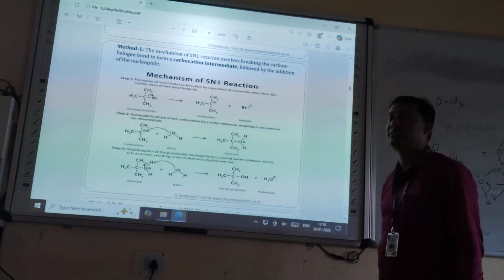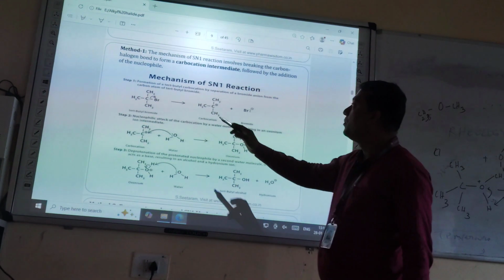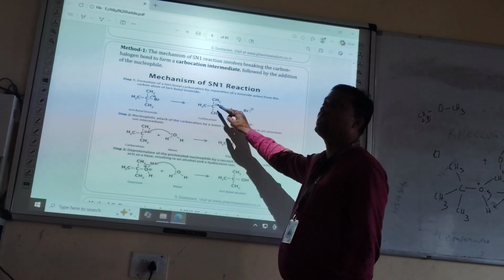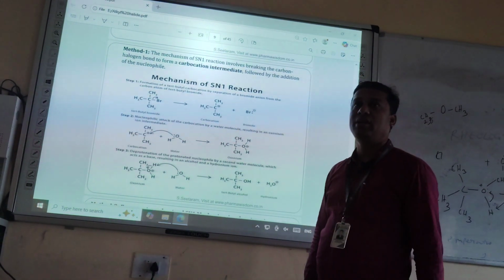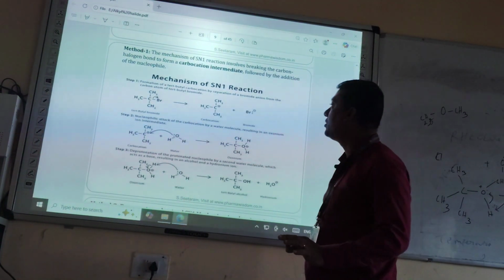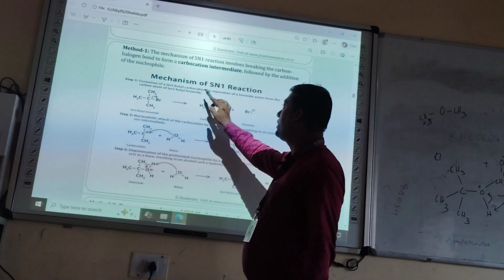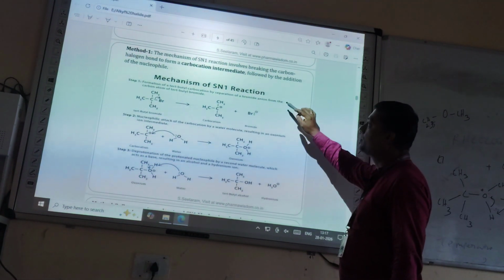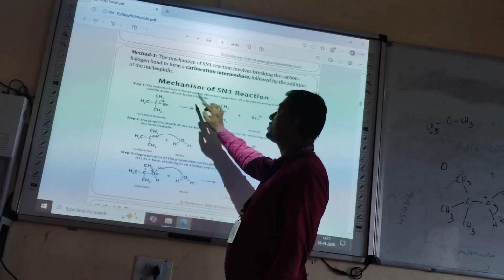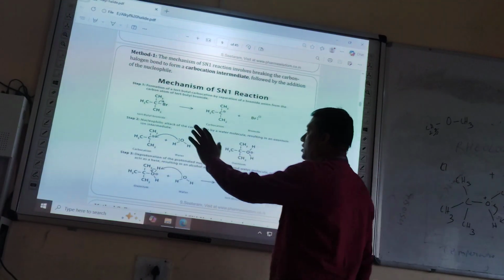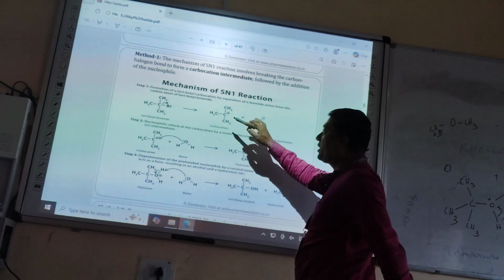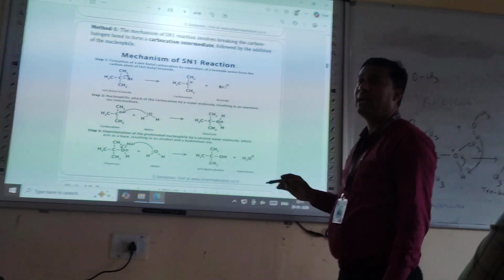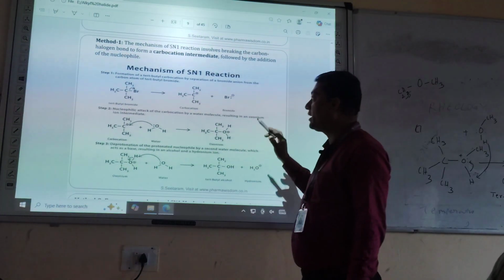In step 1, formation of tertiary butyl carbocation. A positive ion is known as a cation and a negative ion is known as an anion. Formation of tertiary butyl carbocation by separation of the bromide anion from the carbon atom of tertiary butyl bromide. The carbocation will be formed and the bromide ion, a negative ion, will be liberated out.